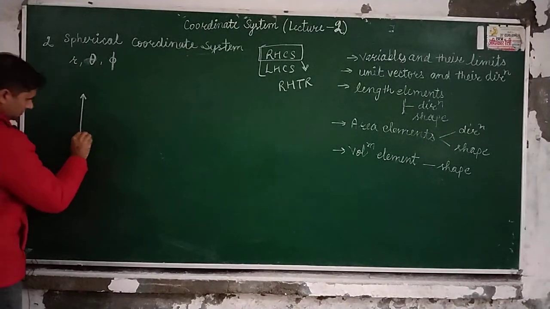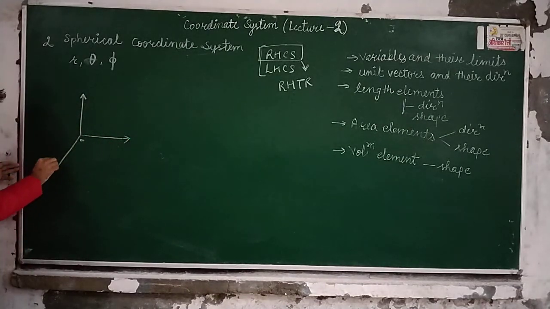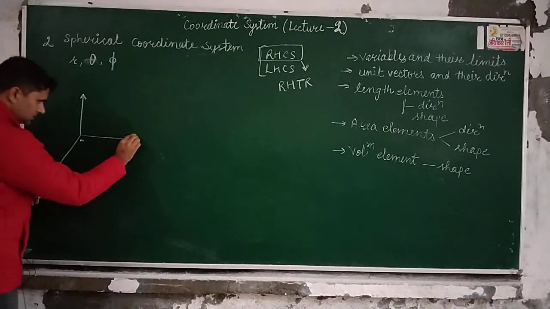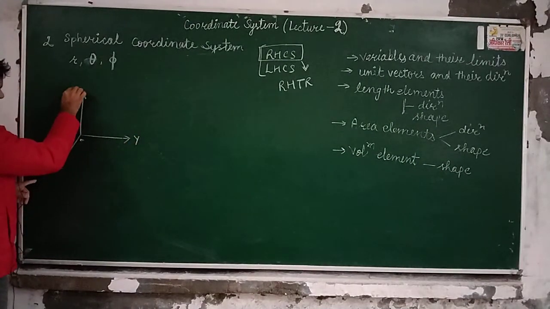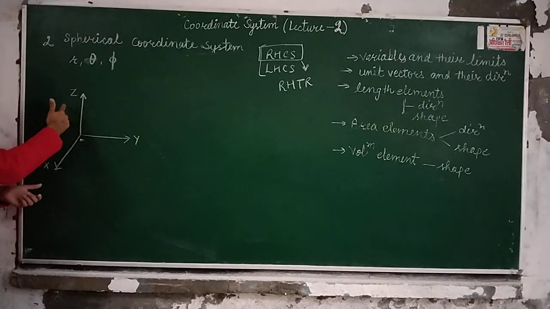Now suppose we have a coordinate system. I am making various axes which are mutually perpendicular to each other. This is our x-axis, this one is the y-axis, and this one is the z-axis. If you take the cross product of x and y, it gives you the positive z direction.